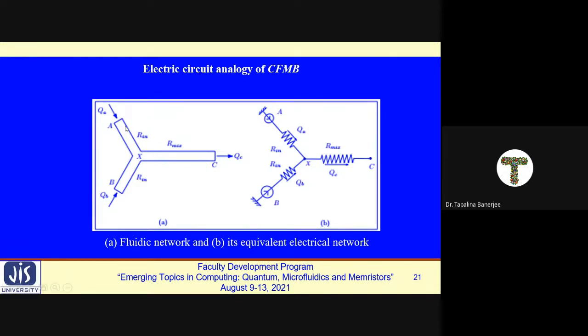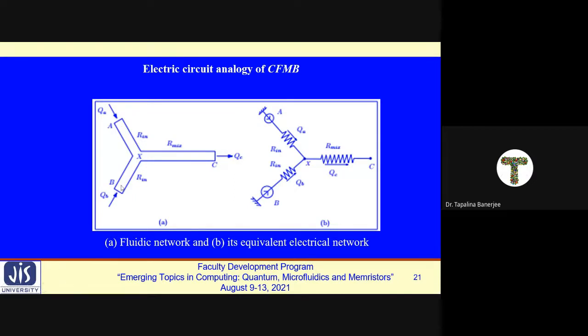Here we have considered this Y-shaped rigid microchannel. Through source inlets A and B, two miscible fluids are injected with volumetric flow rates, suppose QA and QB.